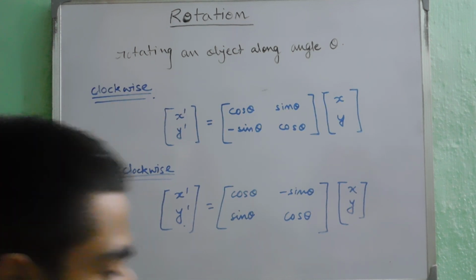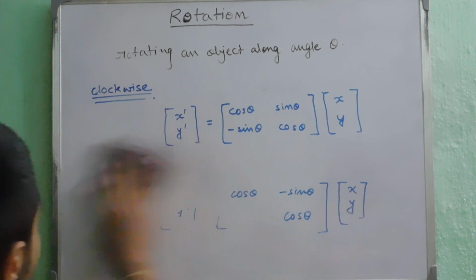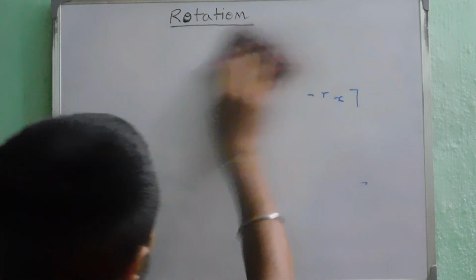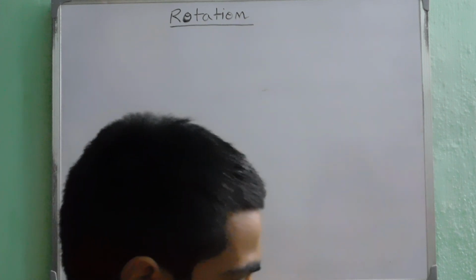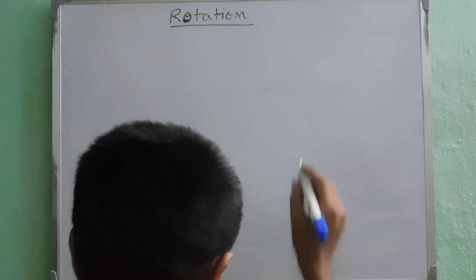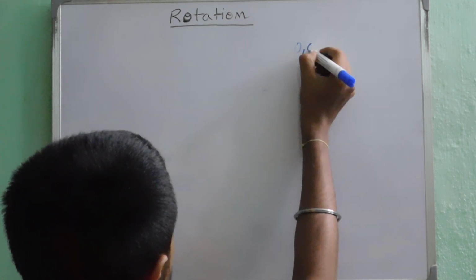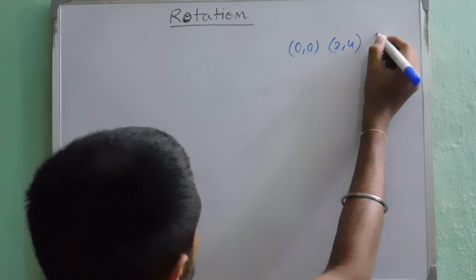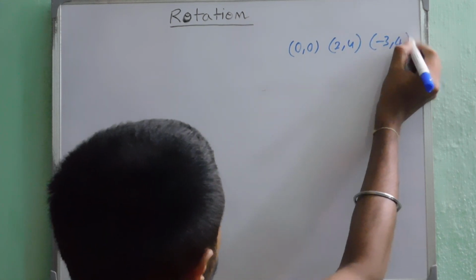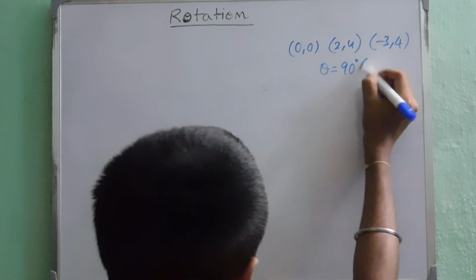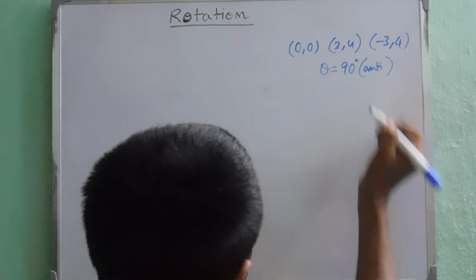So let's solve a problem. We have a triangle whose coordinates are 0, 0, 2, 4 and minus 3, 4, and we have the angle of rotation as 90 degree anti-clockwise.